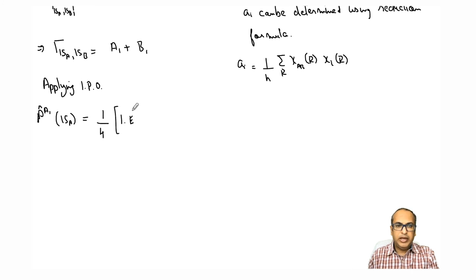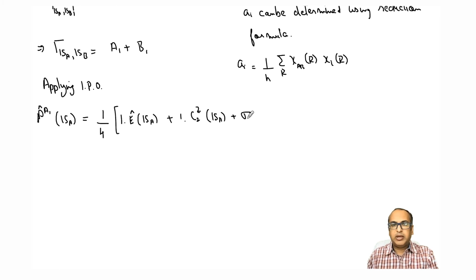Now E operator onto 1sA plus 1 into, this is the trace, C2z operator onto 1sA plus sigma_yz operator onto 1sA, this is of course 1 into, plus 1 into sigma_xz operator onto 1sA, right?